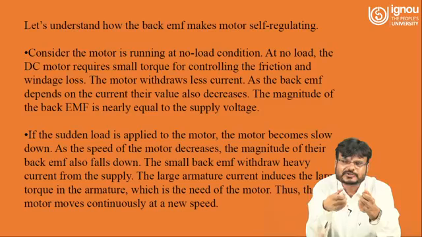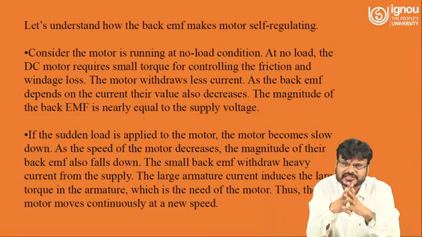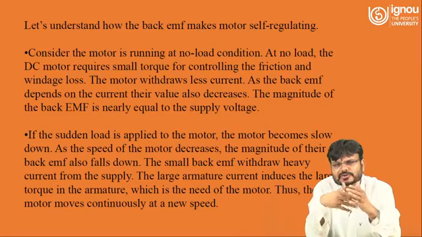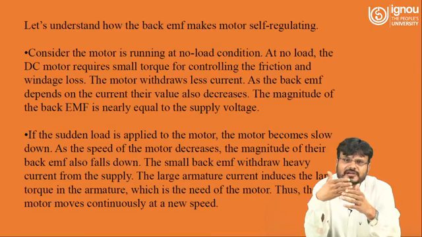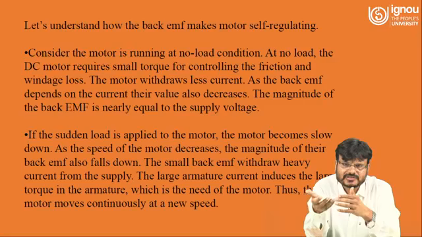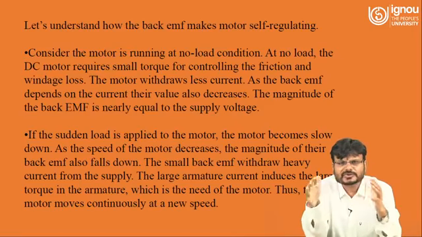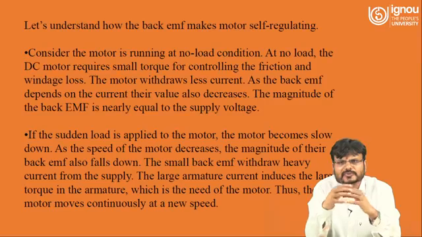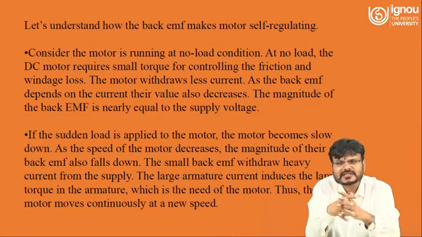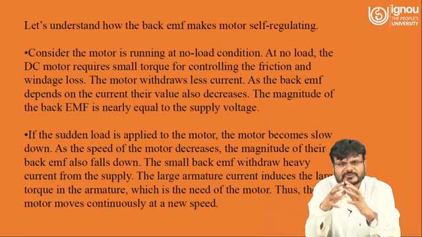And what is the use of that extra current? This extra current is nothing but the armature current. If the motor is able to draw this extra current Ia, it will develop extra torque, which will be useful to run the motor. So if a sudden load is applied, the motor slows down. As the speed of the motor decreases, the magnitude of the back EMF also falls.